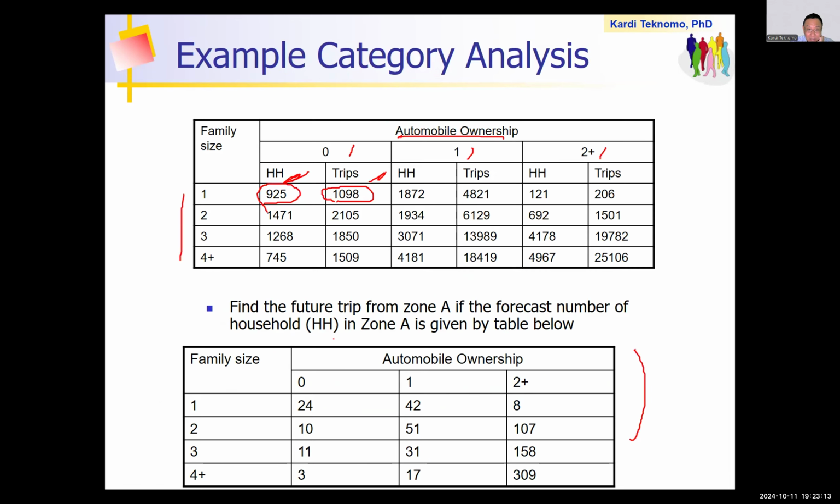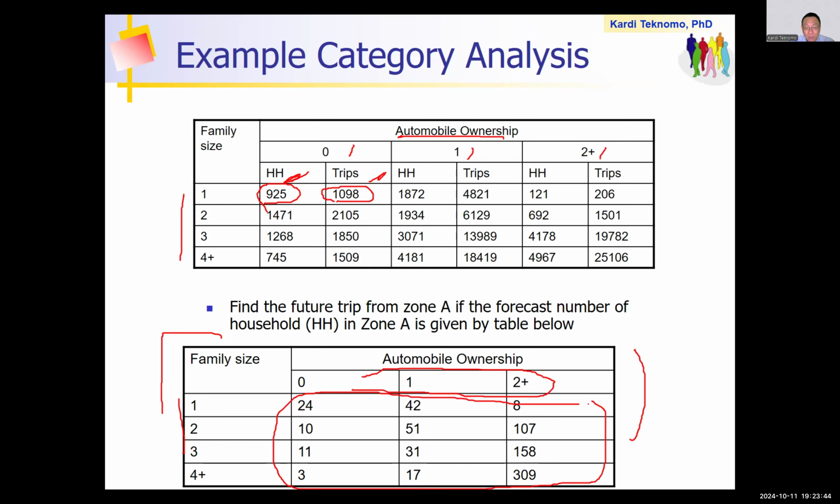And then suppose you already know the current year number of households that you have, supposed to have the same structure as the original trip rate. So this is the family size, this is again the car ownership, and this is the number of households.